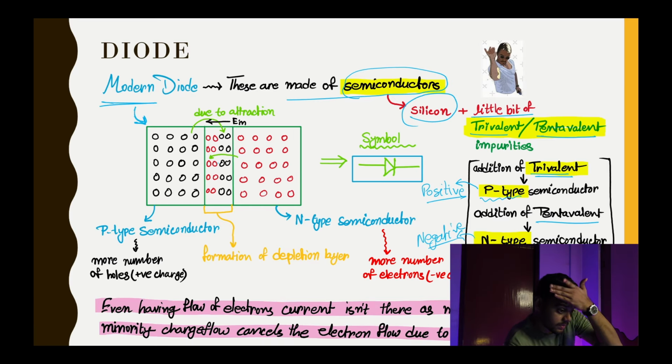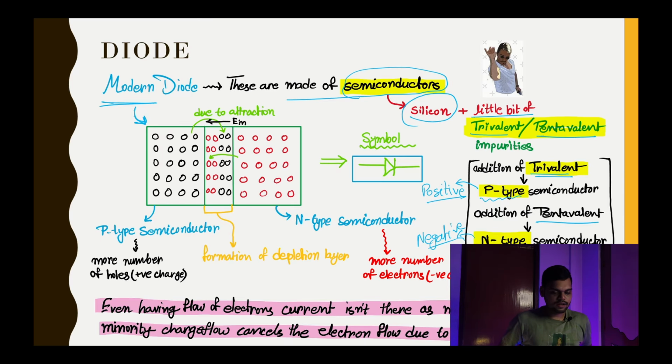This is the interesting part actually. We just keep a p-type semiconductor and an n-type semiconductor side by side, forming a modern diode. A p-type semiconductor and an n-type semiconductor are sitting side by side, and the system is called a modern diode.